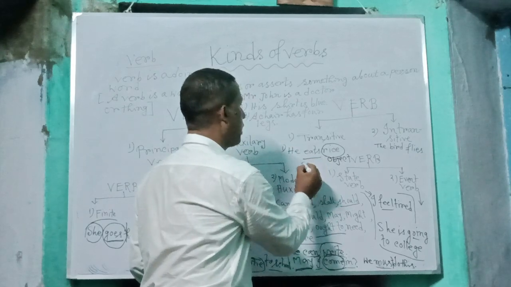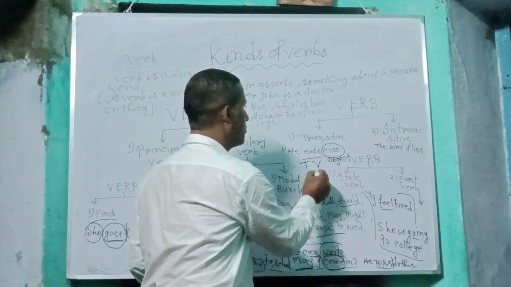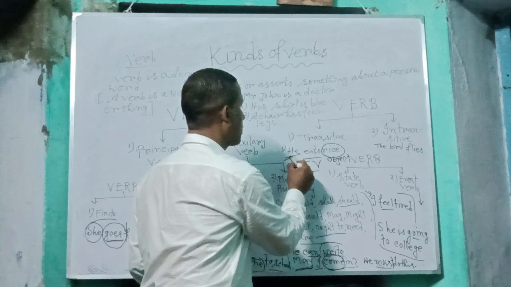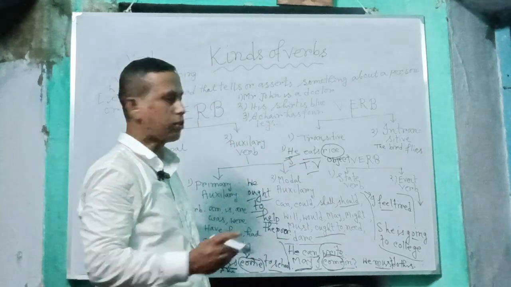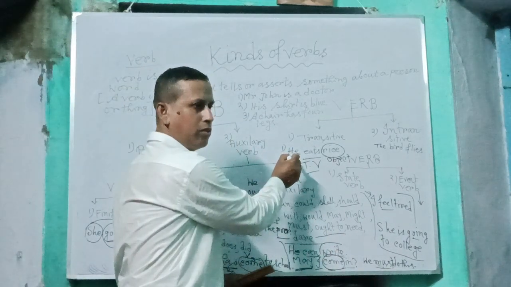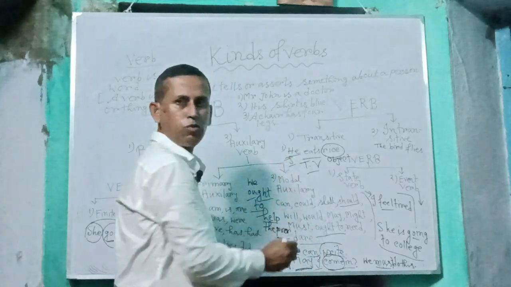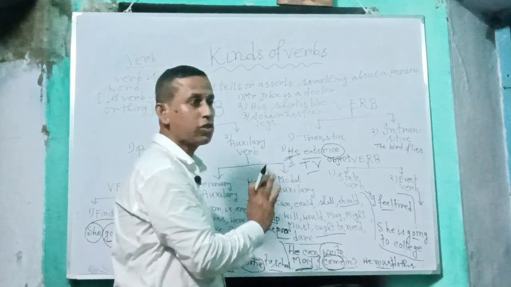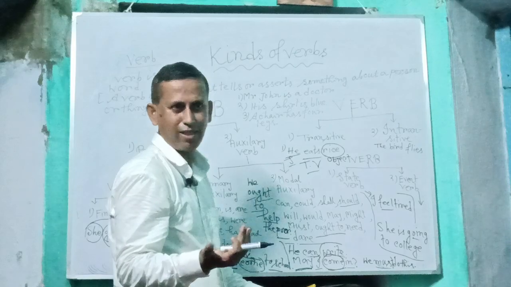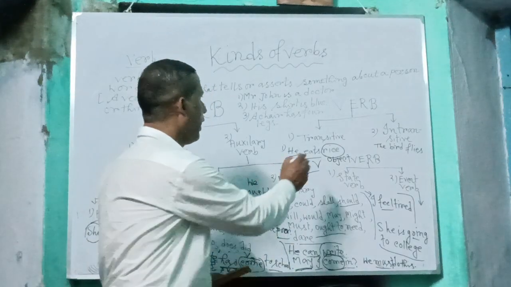It is a transitive verb. He is the subject. Can you tell me which person it is? It is third person. Which number? Singular number. Very good. He eats rice.